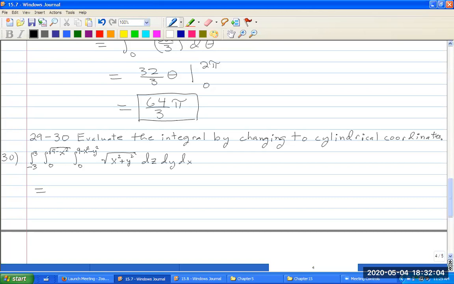First, notice that x squared plus y squared is r squared. So I can change 9 minus x squared minus y squared to 9 minus r squared. This is dz, so let's keep this as dz. And then, well, I'll do dr d theta.